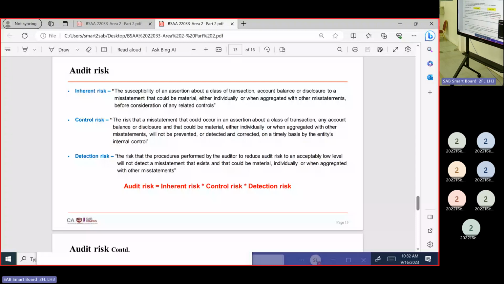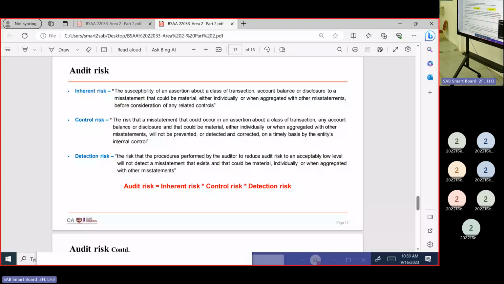Before considering related control, when aggregated with other misstatements before consideration of any related control, the inherent risk is a concept we are discussing before the control risk. Before the controls, inherent risk leads to a business risk.